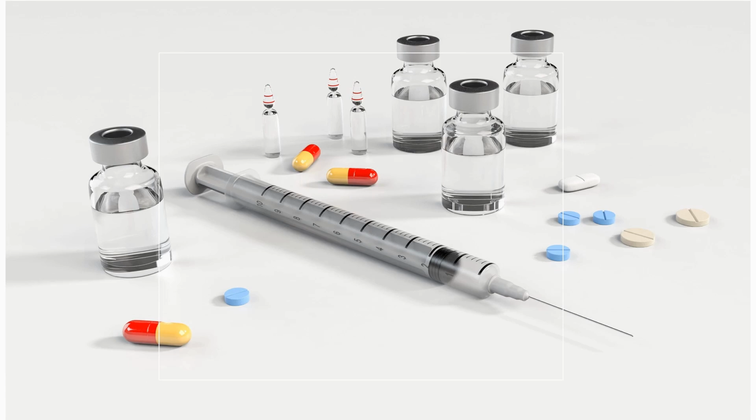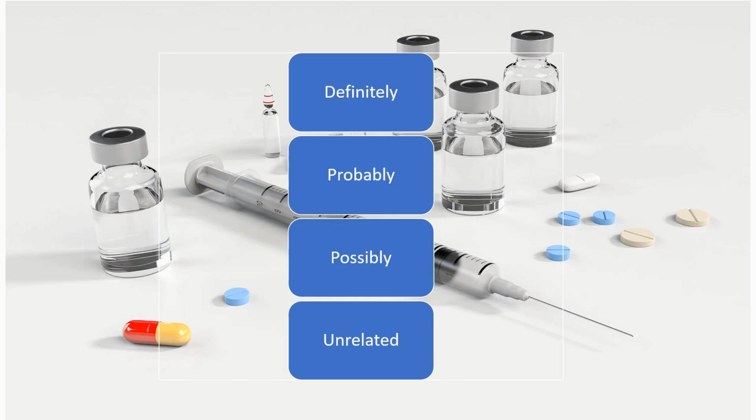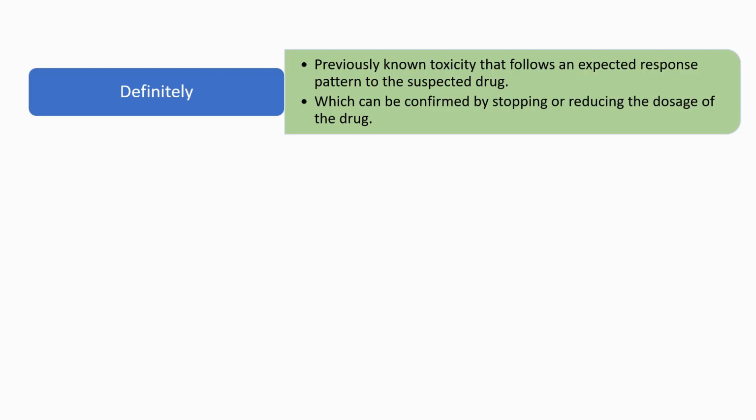The relationship of an adverse event to the study drug should be assessed using the following guideline: definitely, probably, possibly, or unrelated. Definitely: previously known toxicity that follows an expected response pattern to the suspected drug, which can be confirmed by stopping or reducing the dosage of the drug.